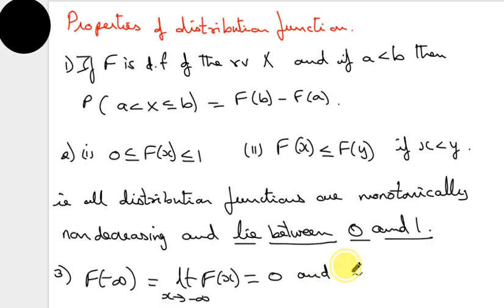Similarly, F of infinity is the limit as x tends to infinity of F of x. Maximum, that value can range only till 1, therefore this value is 1. So these are the three key properties of the distribution function.